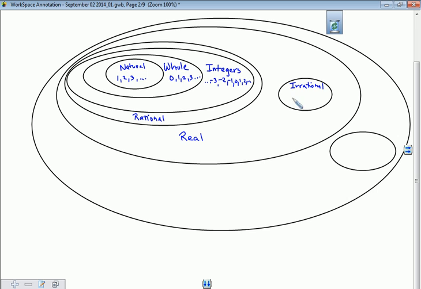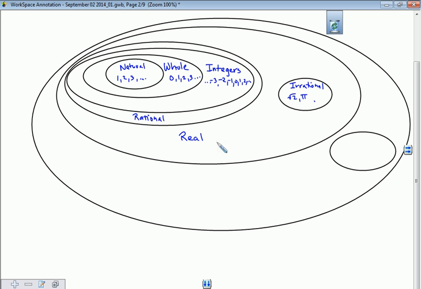Irrational numbers are numbers that we cannot write as a fraction, like square root of 2, square root of 7, pi, e, non-repeating, non-terminating decimals. Rational numbers are repeating or terminating. Irrational numbers are real. They fall in the real number category.